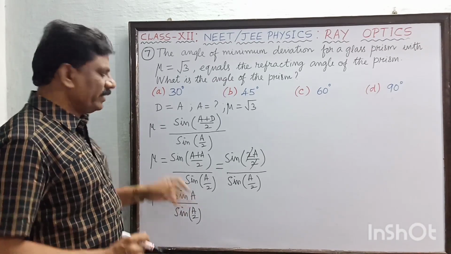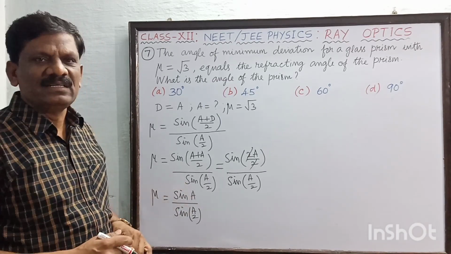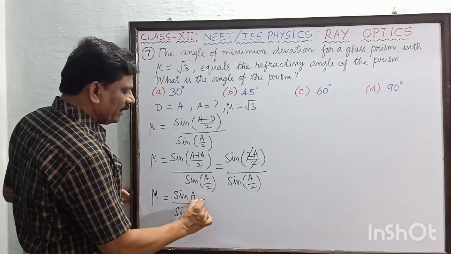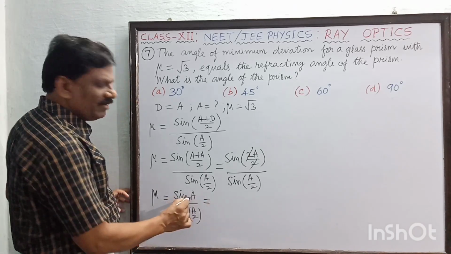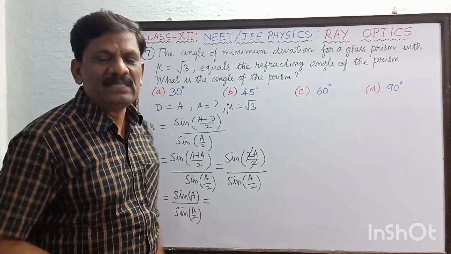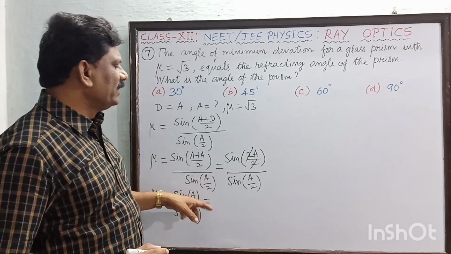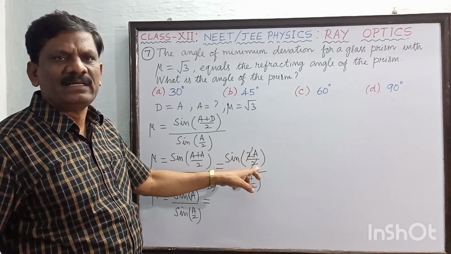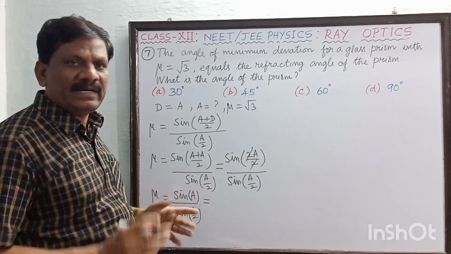Now I am going to use the trigonometric identity. So I am going to rewrite the same sine of this angle A. You see here, A is twice of A by 2, is it not? The same thing I am going to rewrite in a different way.